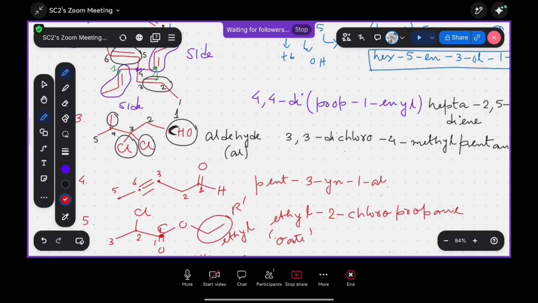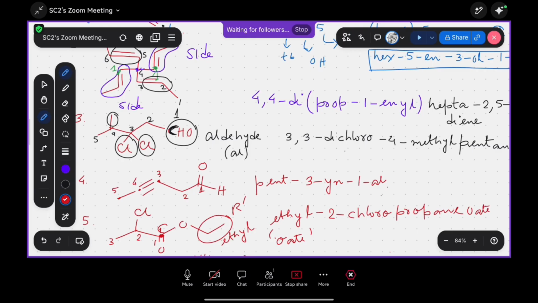Like for example, whenever we have an aldehyde, we write al. Whenever we have a ketone, we use one. For alcohol, we write ol. Similarly, whenever you have an ester, you use the suffix oate. So that means we are having an ester here, so it is propane oate.